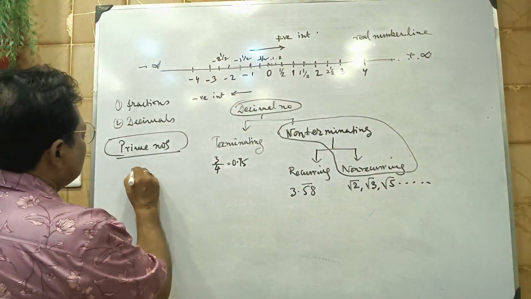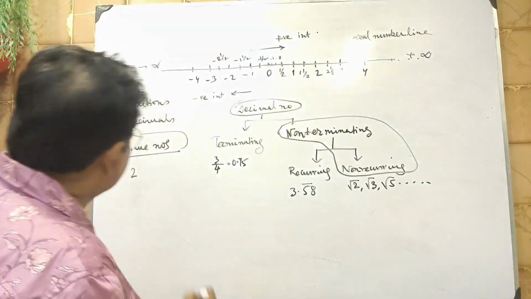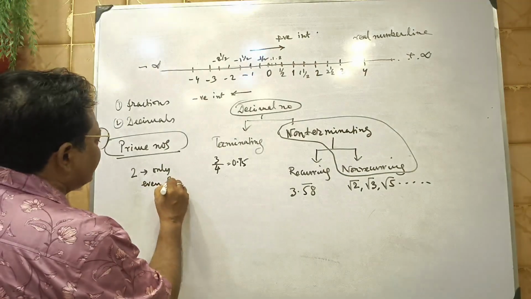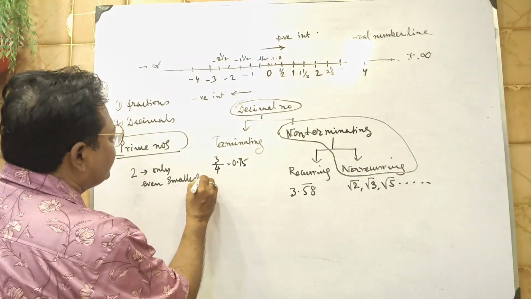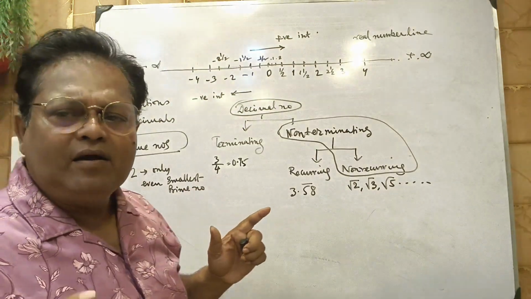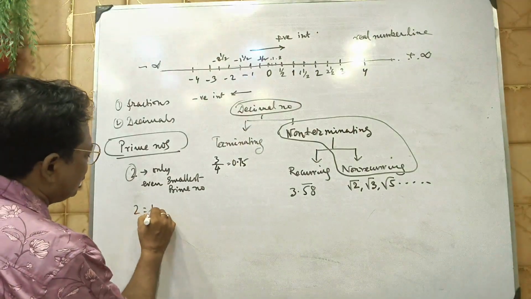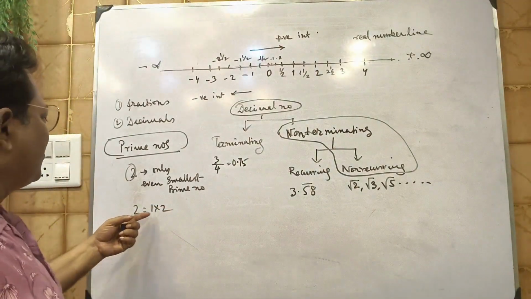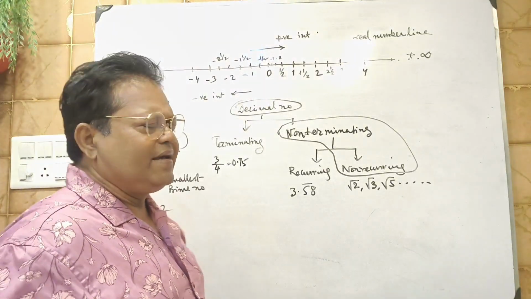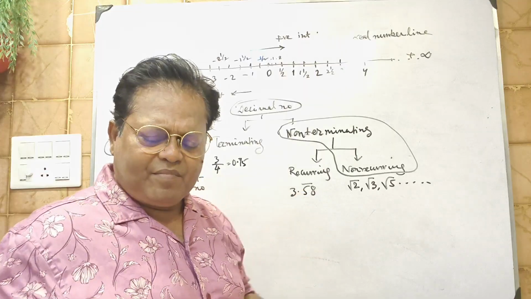As for example, 2 is the smallest prime number and the only even prime number. All other prime numbers are odd. 2 can be expressed as 1 into 2, so 2 is divisible by 1 and 2 itself. In this way, 2, 3, 5, 7, etc. Within 1 to 100, there are 25 prime numbers.